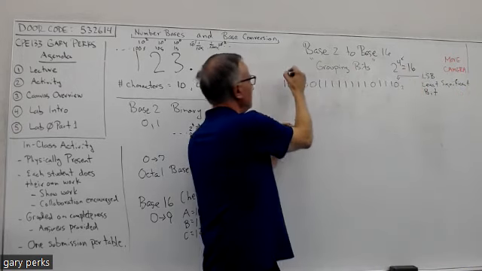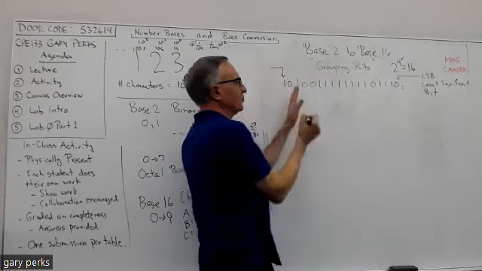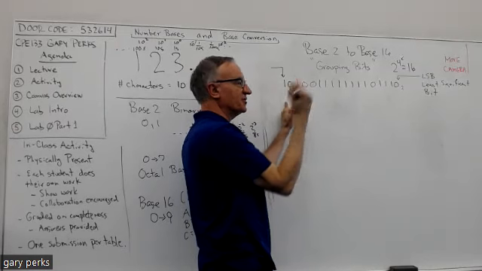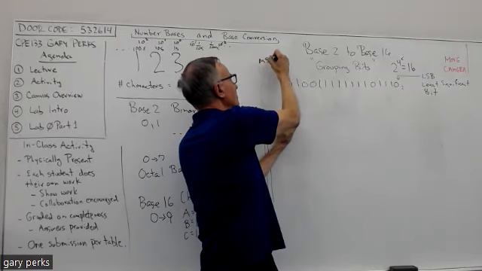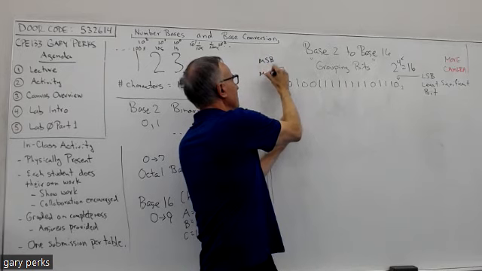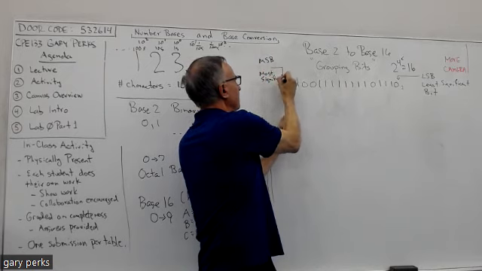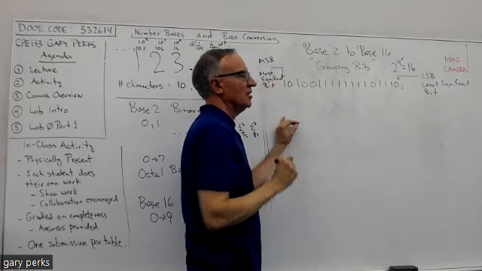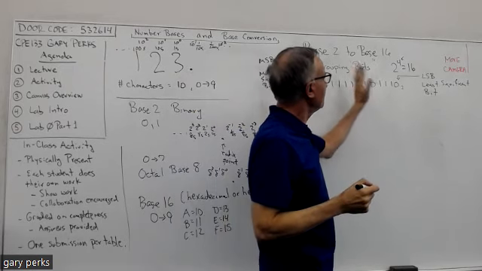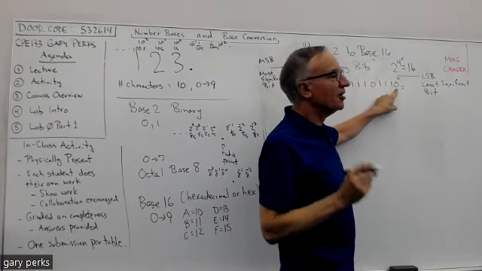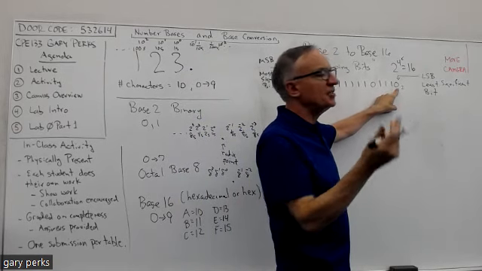Likewise, the bit over here, the one that has the greatest value, the furthest to the left, is called the most significant bit.